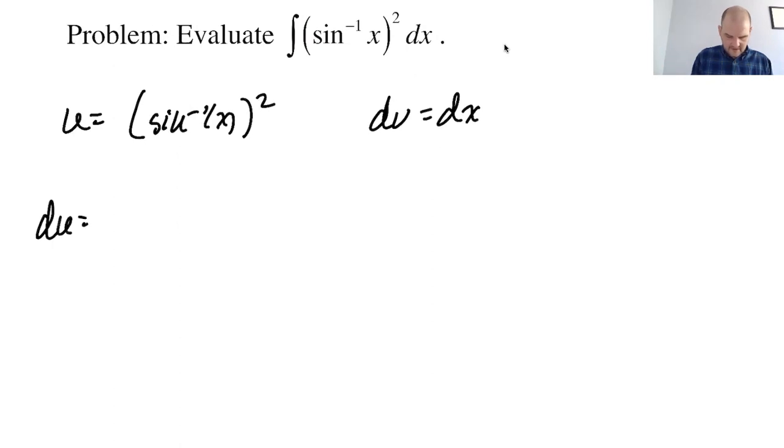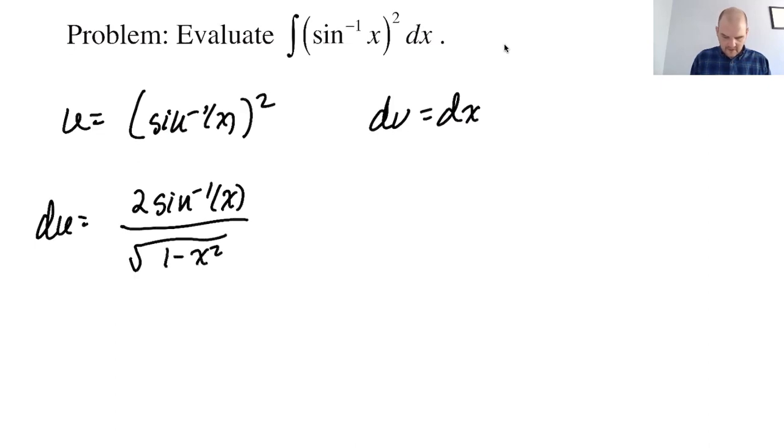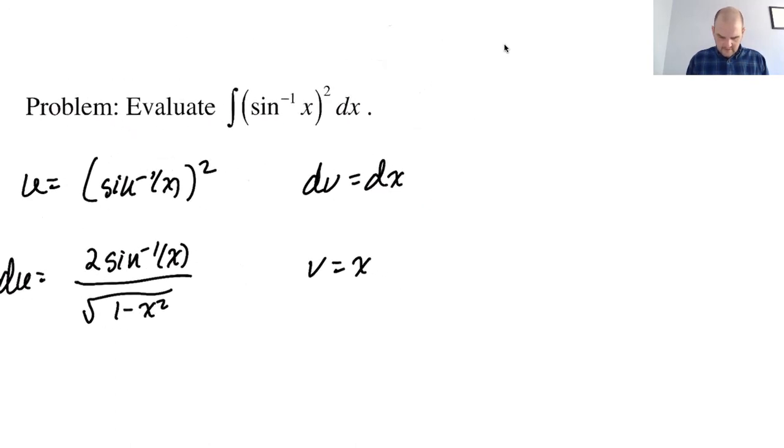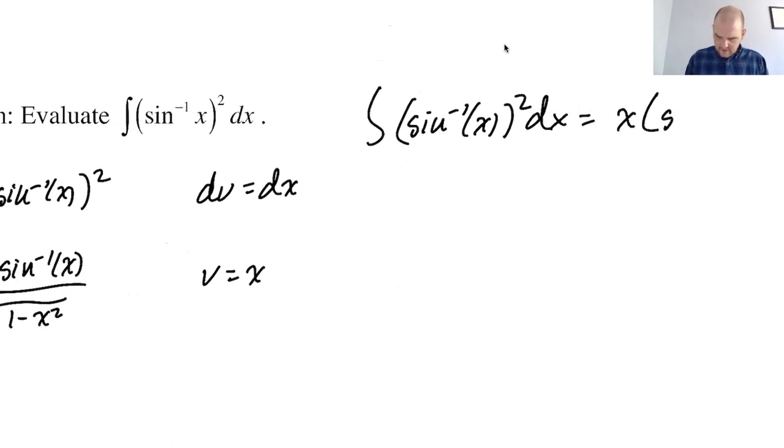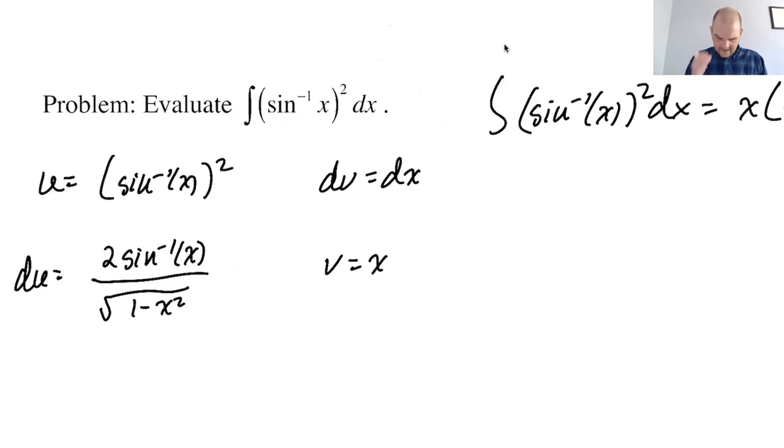So let's see. du is going to be 2 sine inverse of x, times the derivative of sine inverse, which is 1 over the square root of 1 minus x squared, and then v is going to be x. Okay, so at this point we have the integral of sine inverse squared is x sine inverse squared, and then minus the integral of v du.